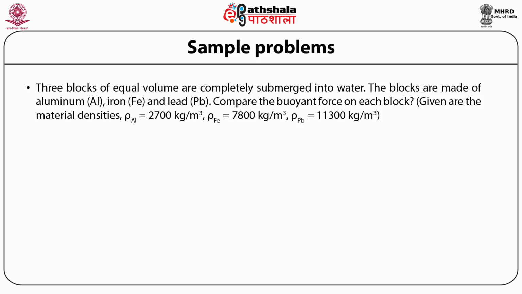And for lead, it is 11,300 kg per meter cube. So immediately from the difference in the densities, you can anticipate what kind of buoyant force you will get on these blocks, because you have to compare the density of these materials with the density of the water and see if that difference can allow the blocks to float in water or not.